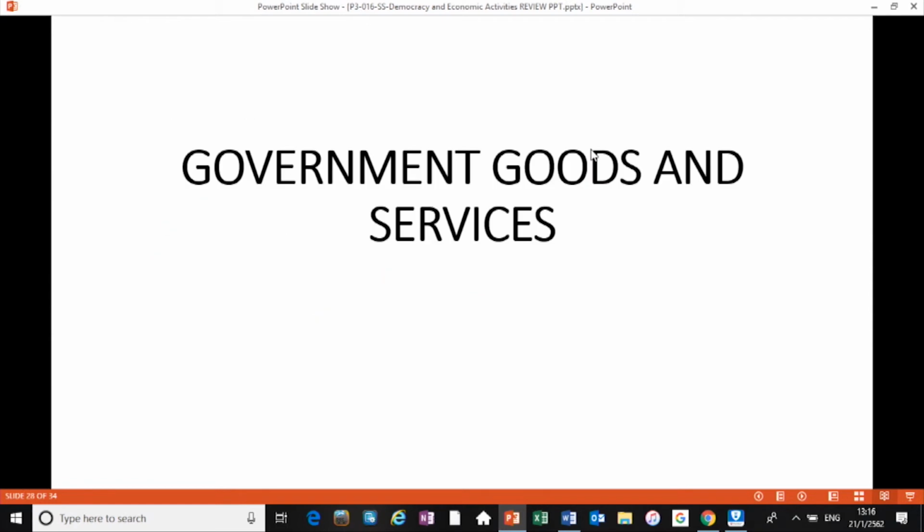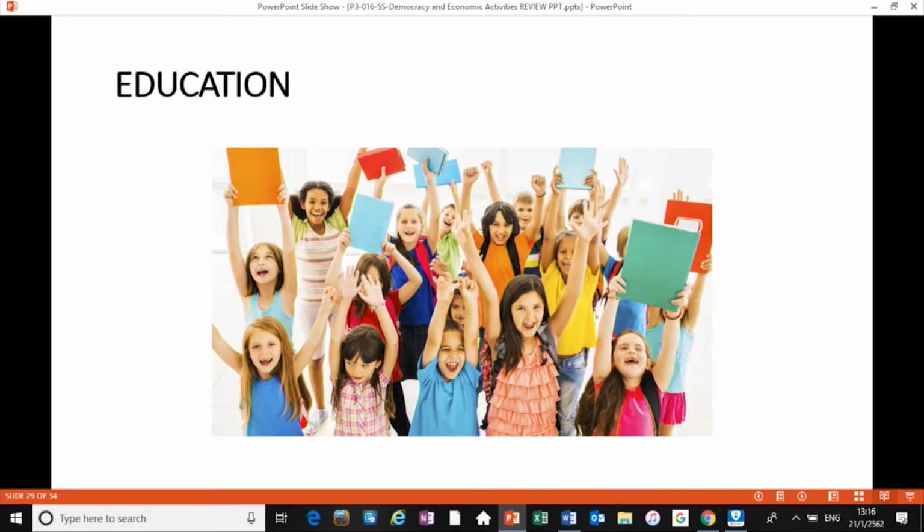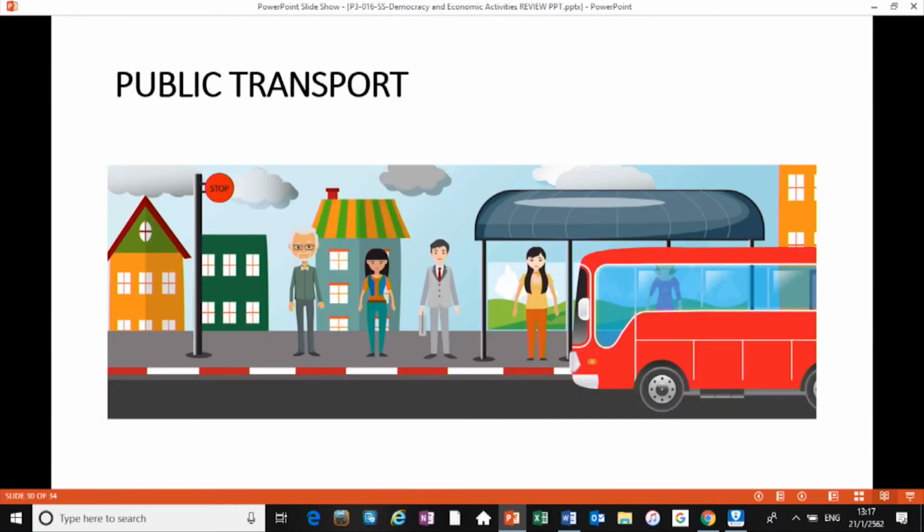And now government goods and services. Education. Where do you get education? School. Exactly. We go to school for education. Public transport.